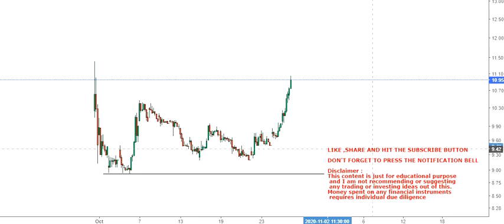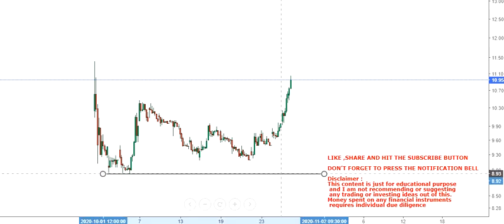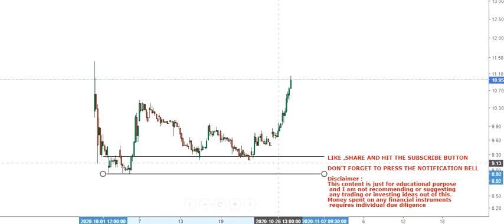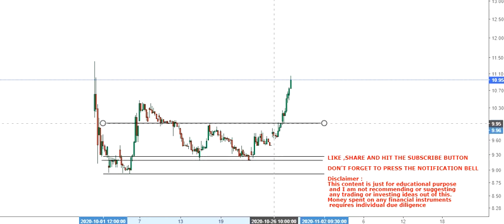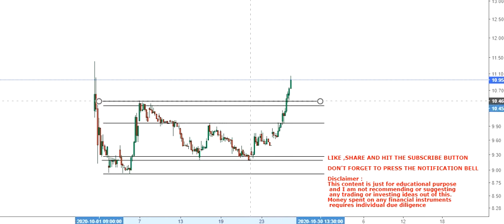And if somebody is looking at this trend, one should know the levels one should look at. Because we are looking at a short-term trend, one should be very much aware of the trend and how to approach these levels.